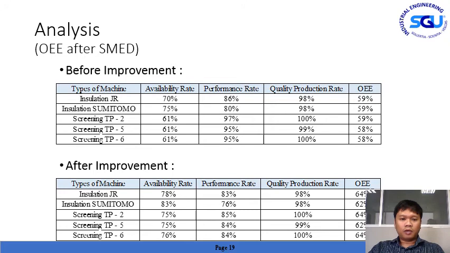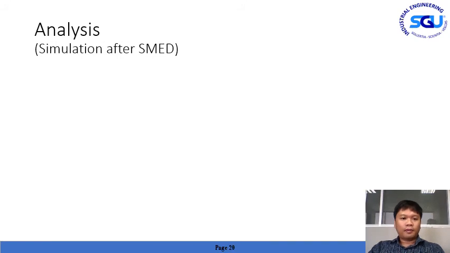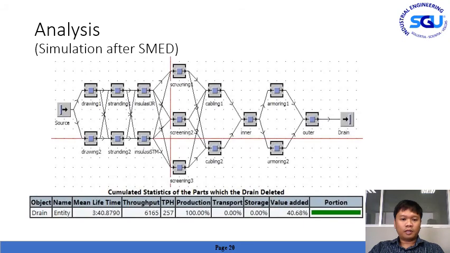We can see that the OEE for 5 machines increased from 59% up to 64% after using SMED. We can also see the availability rate increase for those 5 machines. And then using the Technomatix simulation, we can determine that if we implement SMED, the throughput can be more than 6,000 meters per day.